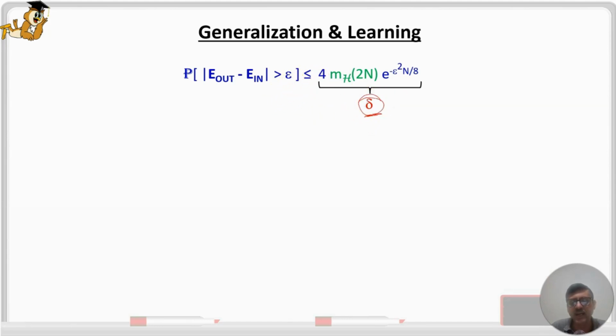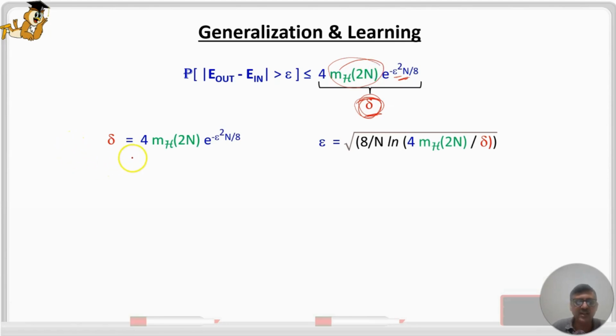Like I said, delta depends upon epsilon, upon n, and also on the hypothesis set that you choose. Delta can be made as small as possible by increasing n, right? So this sort of closes the loop with our earlier slides where we set out to do something like this.